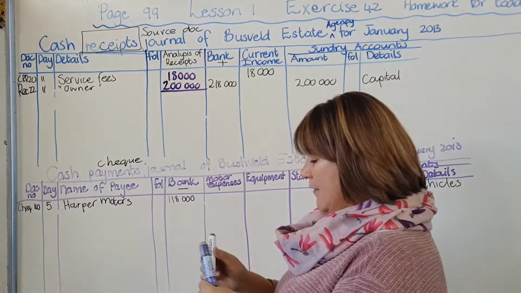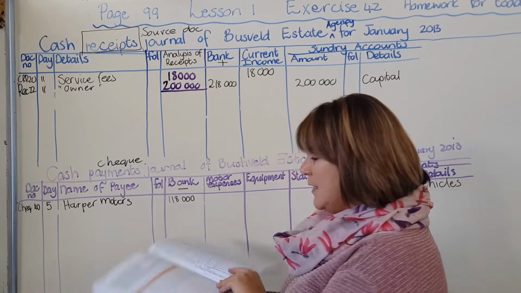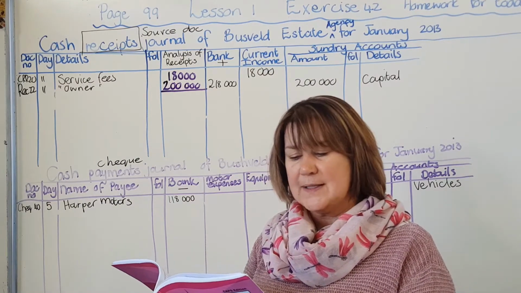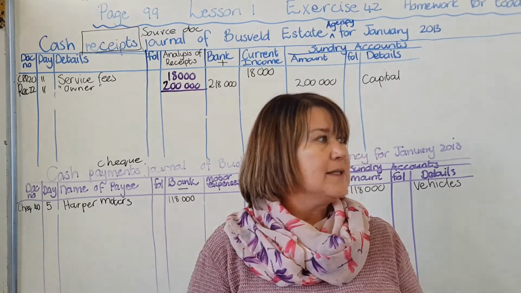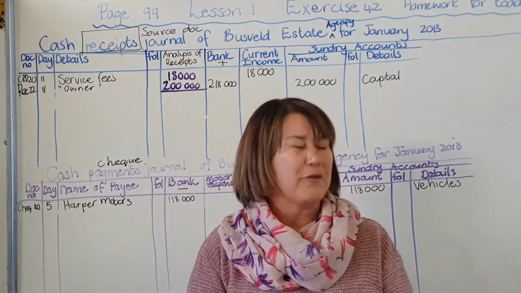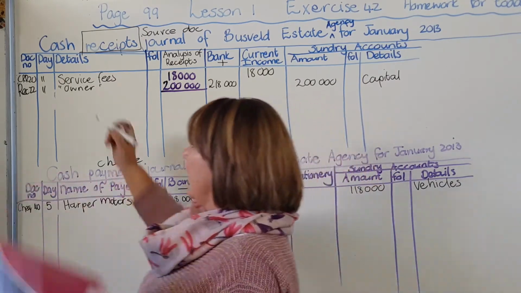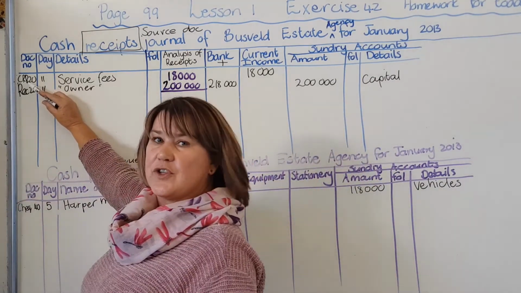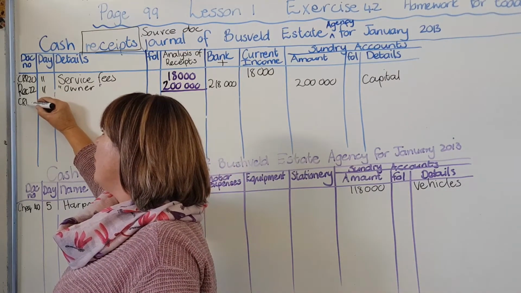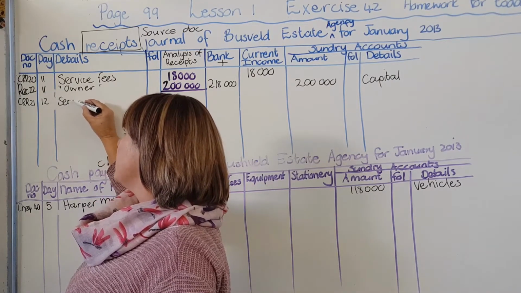All right. Then if you turn your page to page 98, you'll see on the 12th, service fees from clients, 17,400. Can you see that's the only transaction that took place on the 12th? And then because you've received money, can you see my last cash register roll was number 20? So this one will be cash register roll number 21 on the 12th, service fees.